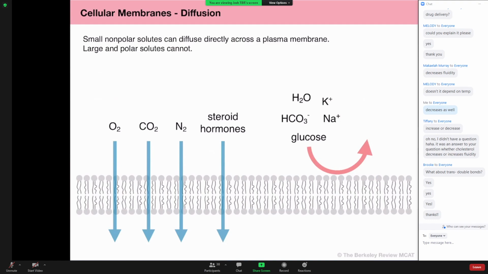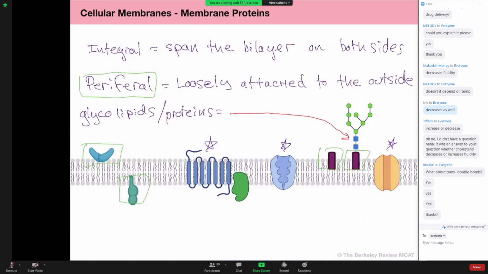And these green ones are peripheral because they're just very loosely attached. Good question. Thank you.